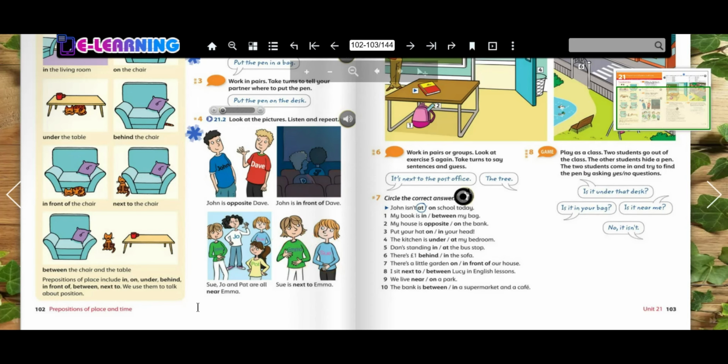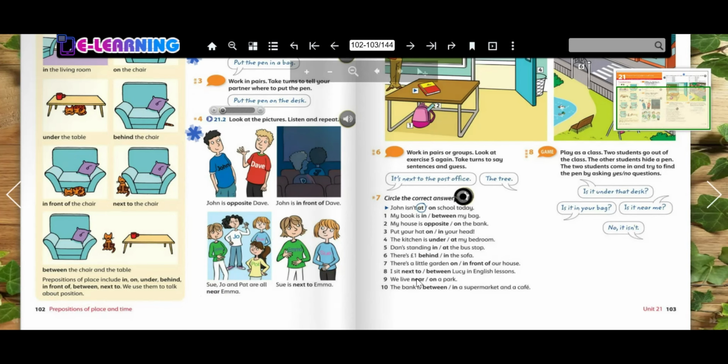All right, so I have a small question for you. Excuse me. So we have the word, the preposition of place, near. So what word is opposite with near? Far. Far is opposite near. Good.